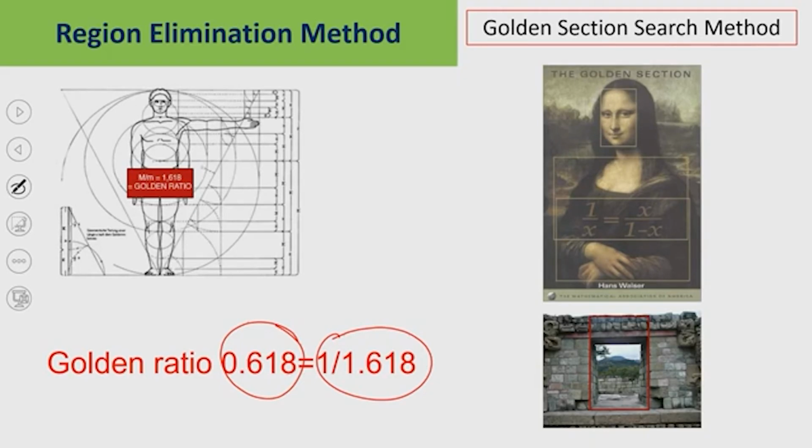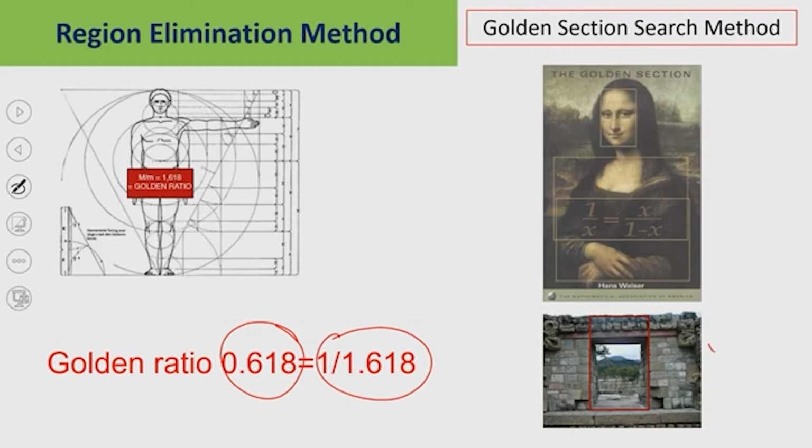Even if I take the dimensions of our different body parts, you can see that this ratio 0.618 or 1 by 1.618 is maintained. Even when the Mona Lisa was constructed, many facial dimensions maintain this particular ratio.